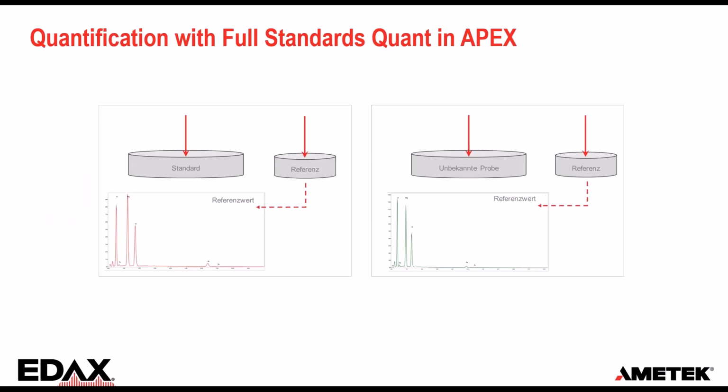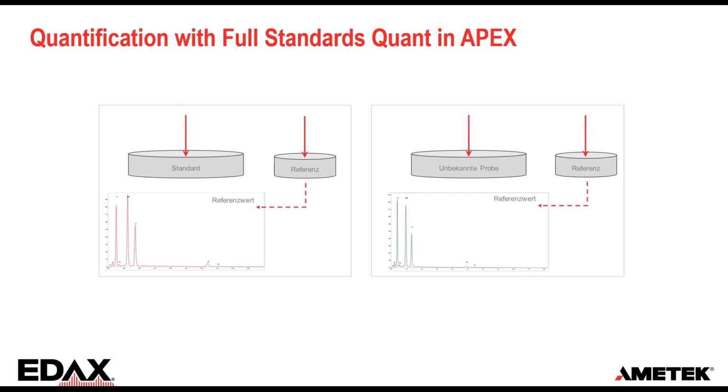So to illustrate that in a bit more detail, instead of performing sequential measurements, Apex uses the reference measurement to anchor those physical parameters in the standard and the unknown sample. So previously we have seen that we can remeasure the reference every time, but we can also save it and store it in the software. So actually we do not have to do the reference each time.